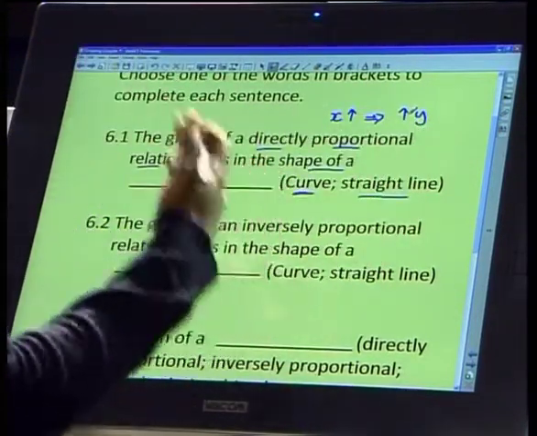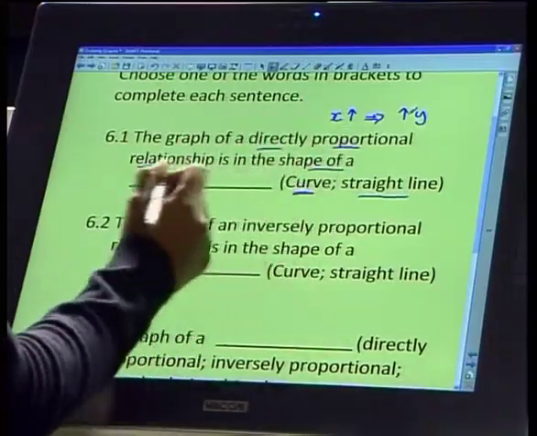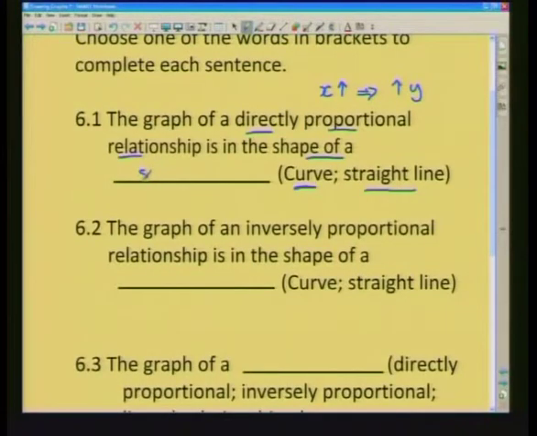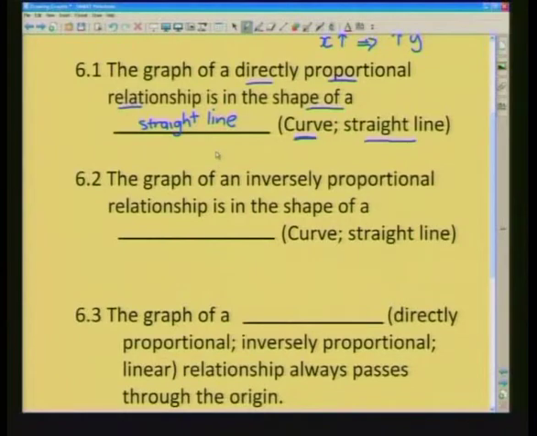So therefore, that type of relationship would be depicted by a straight line. All right, so a straight line will represent a directly proportional relationship where one variable increases, another one increases at the same time. You can also think of it, in terms of the standard form of your straight line, y is equal to mx plus c, your gradient would be positive.